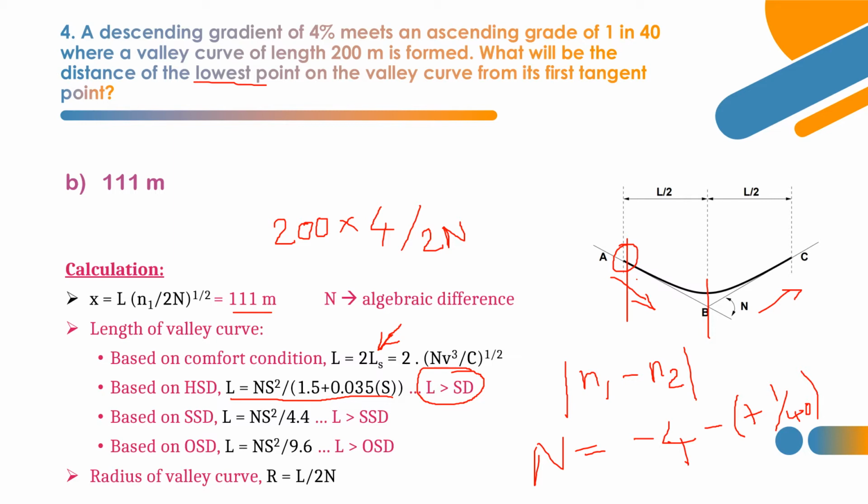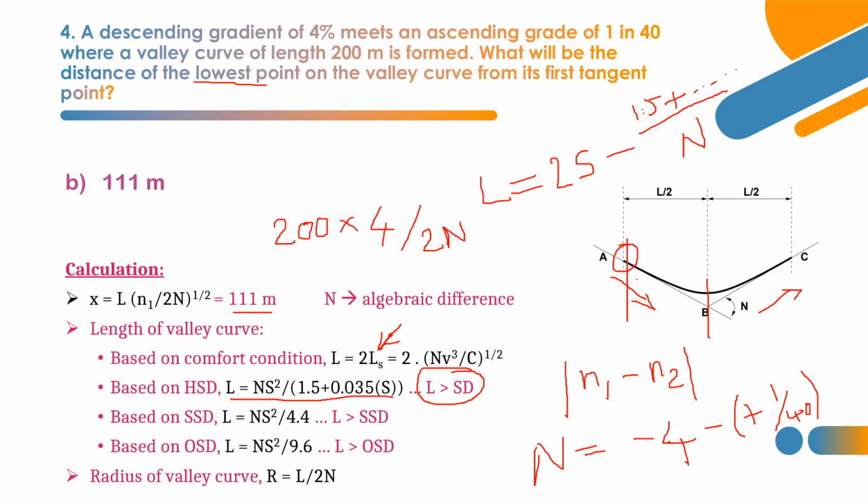If the length of the valley curve is less than the sight distance, then the formula changes: L is equal to 2S minus the reciprocal, so 1.5 plus 0.035 S divided by N. This is how we calculate when L is less than SD. When L is greater than SD, we adopt the earlier formula.